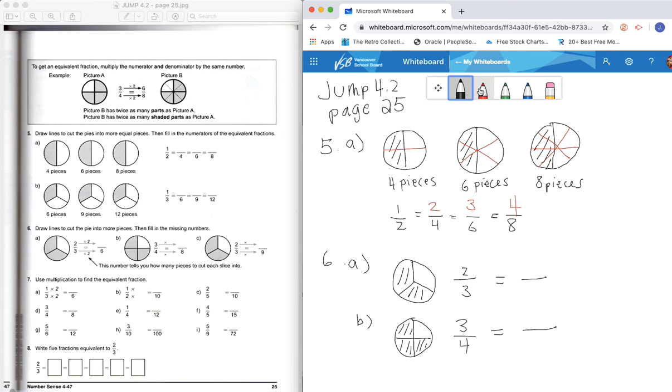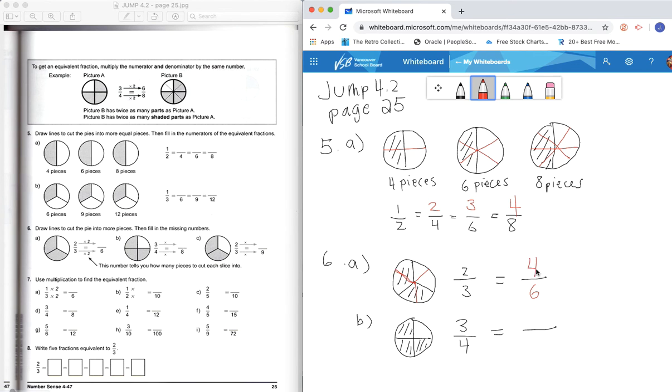Okay, so time to cut it into 6 parts. So we're going to add a line here, add a line here, add a line here. So 6 parts. How many are shaded? 1, 2, 3, 4.